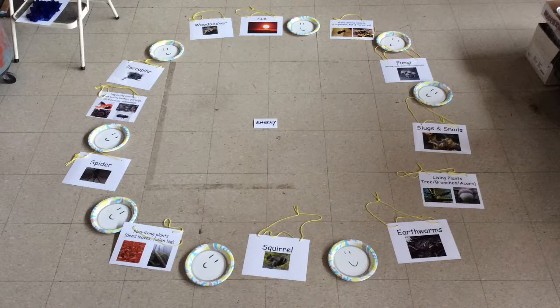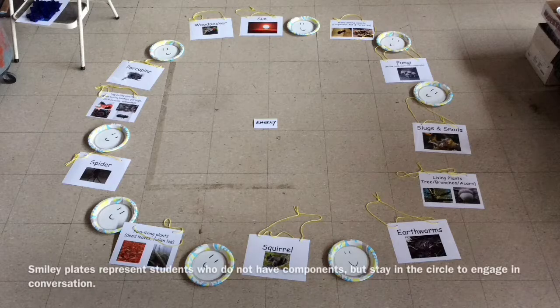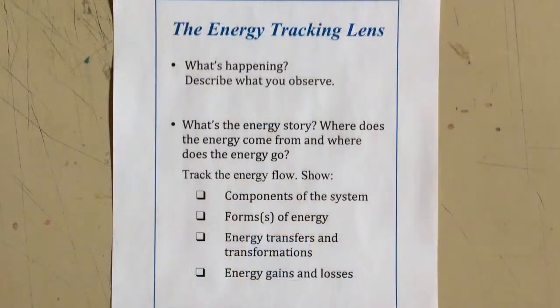Start this energy model sequence by having students stand in a circle. Tell the students that you're going to be following the energy tracking lens in creating your energy model. What's the energy story? Where does the energy come from, and where does the energy go?